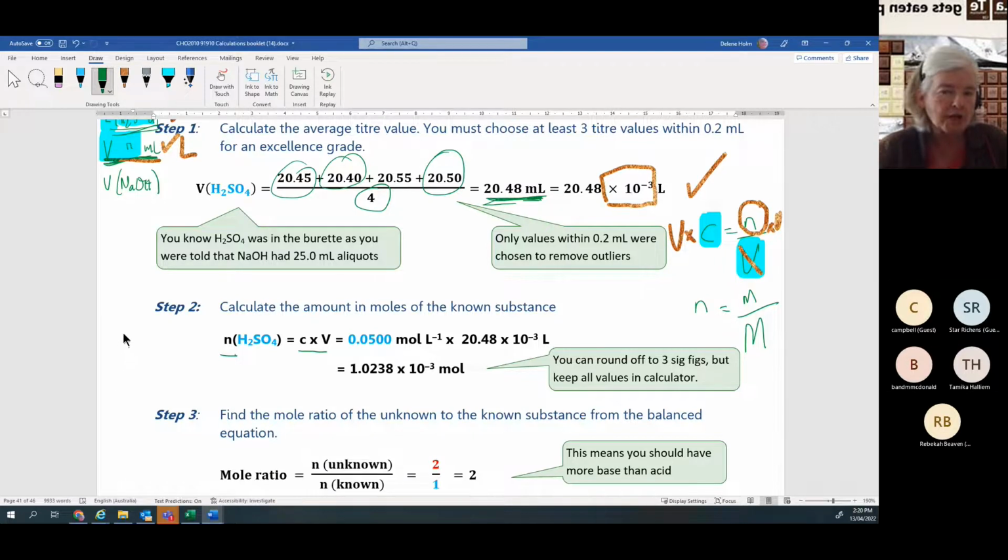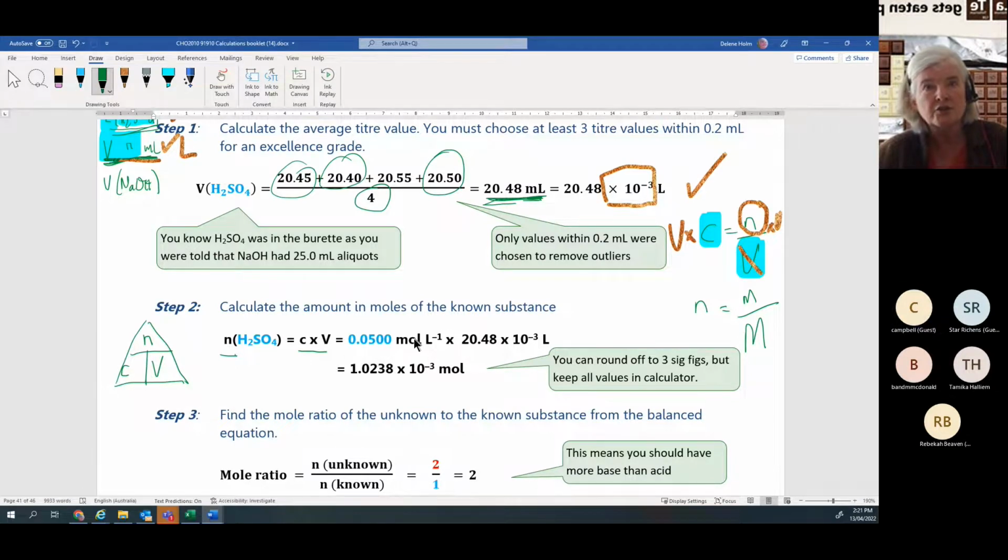If you're not sure of your algebra of moving this around, you can get away with these triangles, where you've got C is equal to N over V. The thing is, you've got to make sure you remember the triangle correctly. Another way, which I think is a better method, is to try and work out, will your units cancel?